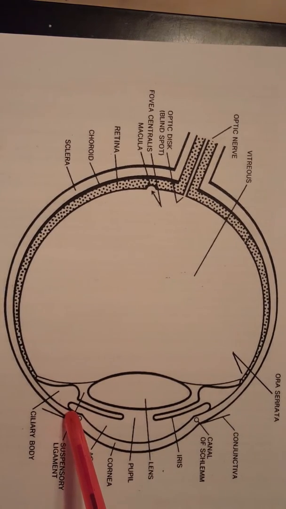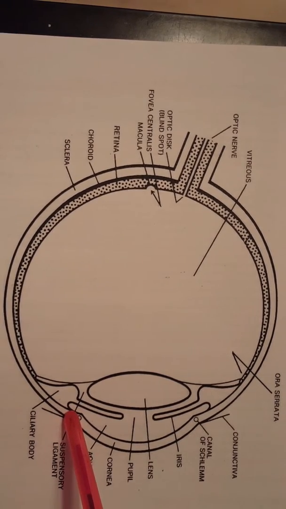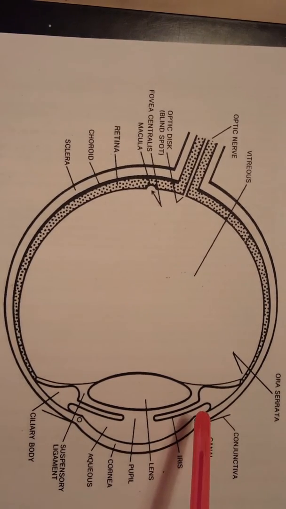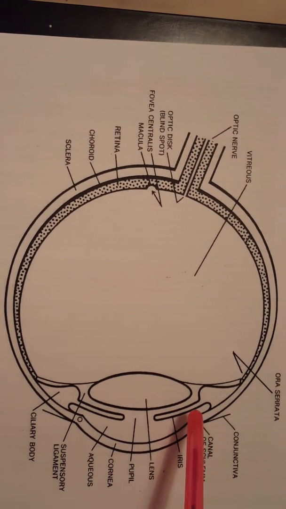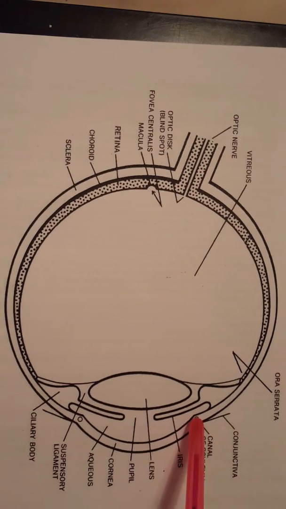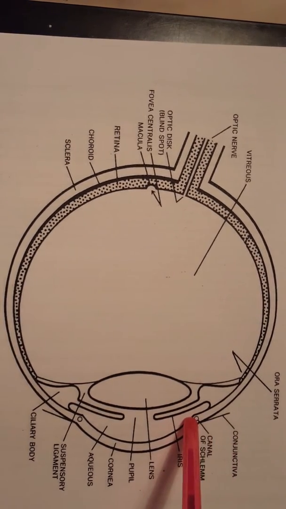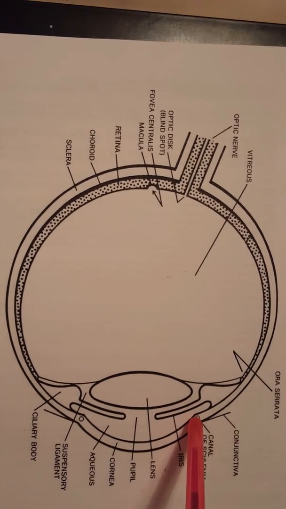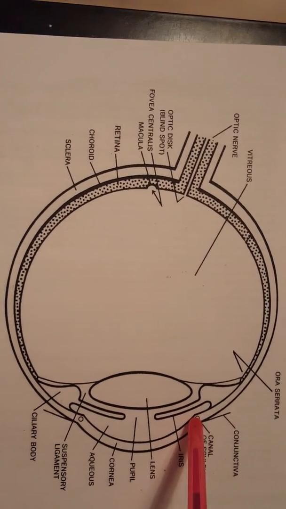The trabecular meshwork is an area of tissue in the eye located around the base of the cornea near the ciliary body, and is responsible for the draining of aqueous humor from the eye via the anterior chamber. The aqueous flows through the trabecular meshwork first as it travels into the canal of Schlemm, which is a collection canal that delivers the aqueous to the venous system of the body.